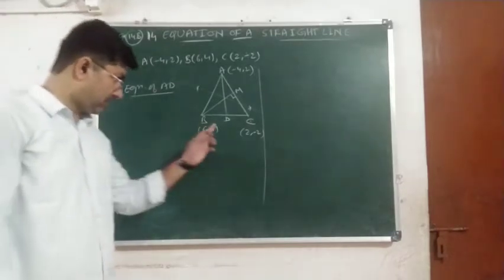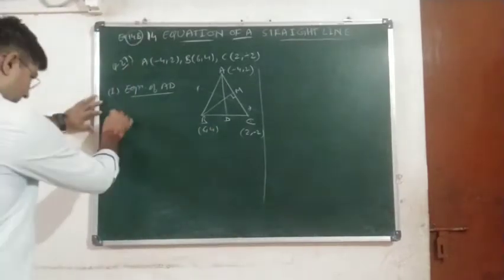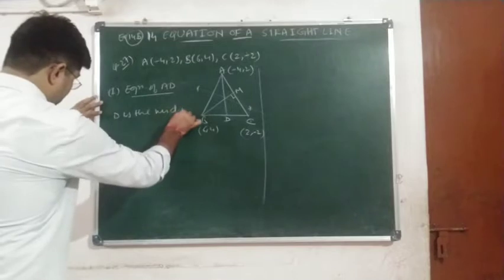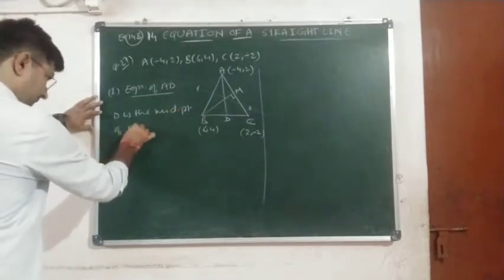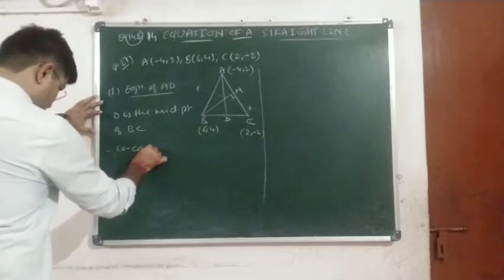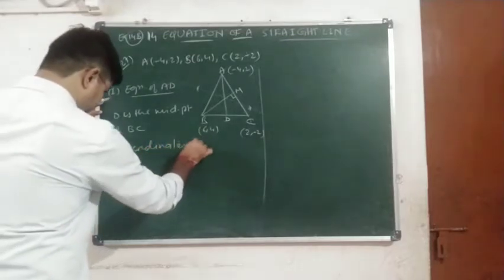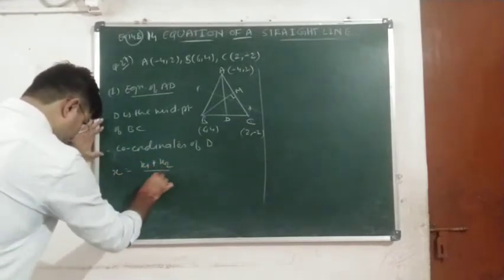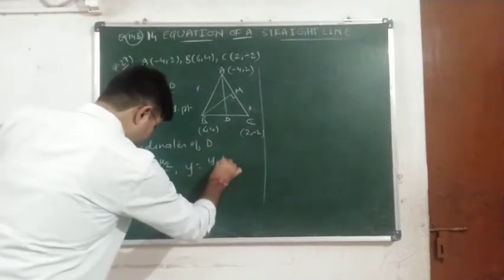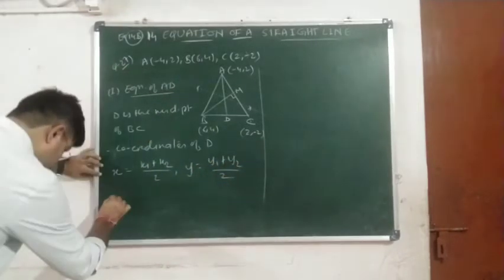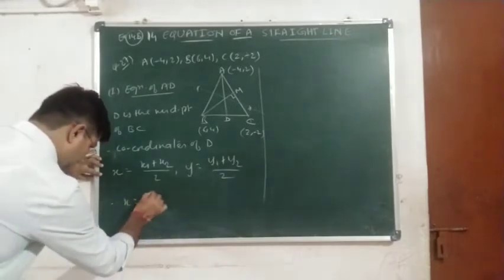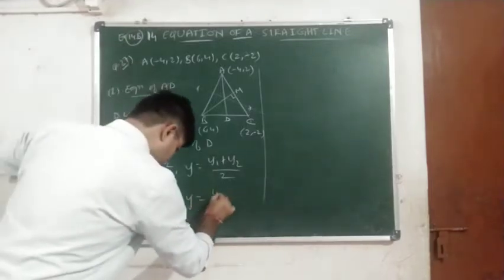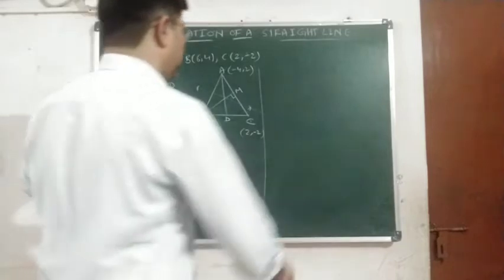So let us first find the coordinates of D. Here we write that D is the midpoint of BC, and therefore for the coordinates of D, x is equal to x1 plus x2 by 2, y is equal to y1 plus y2 by 2. Therefore x is equal to 6 plus 2 upon 2, and y is equal to 4 minus 2 upon 2.